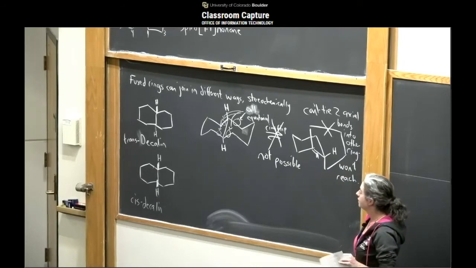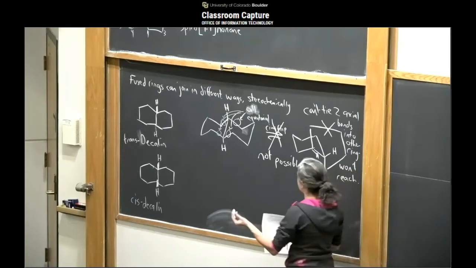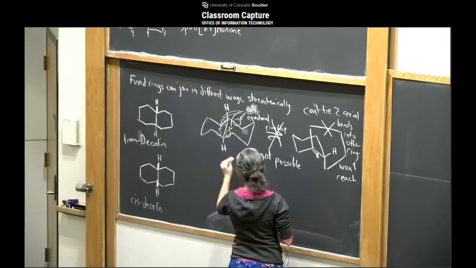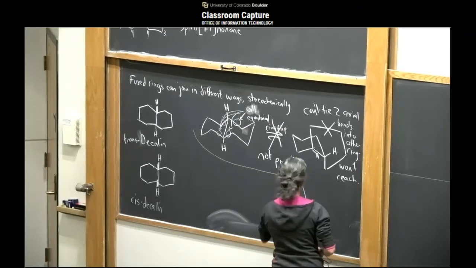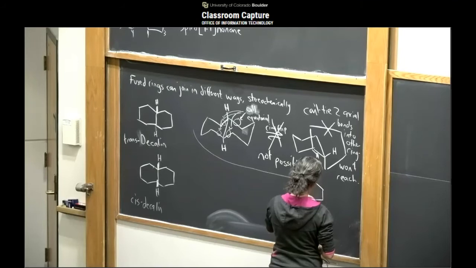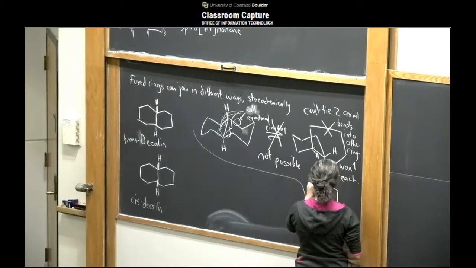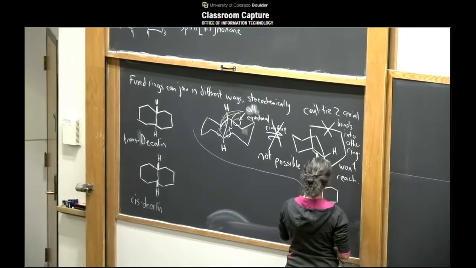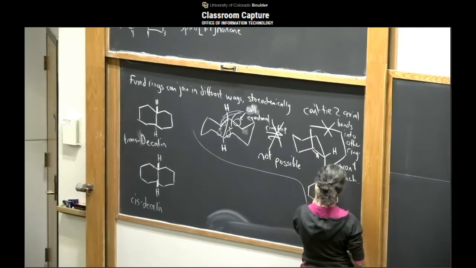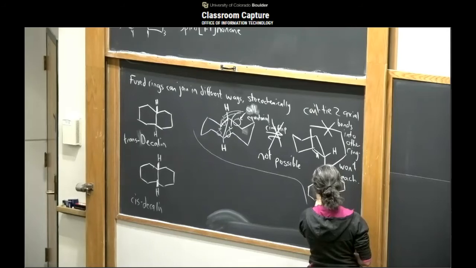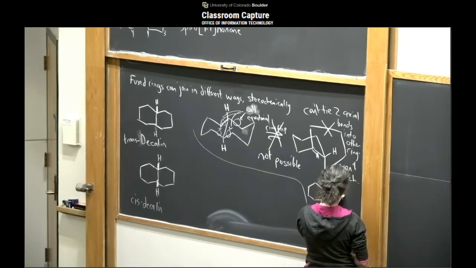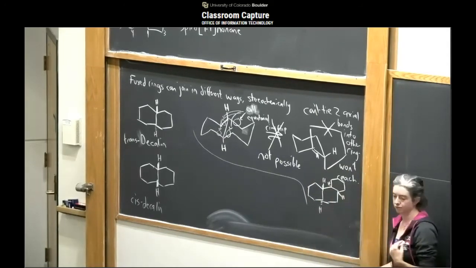For instance, steroid molecules all have this shape where, so I'm going to go down here a little bit. They have a bunch of trans ring linkages, where all of the H's are trans to each other at each ring linkage.